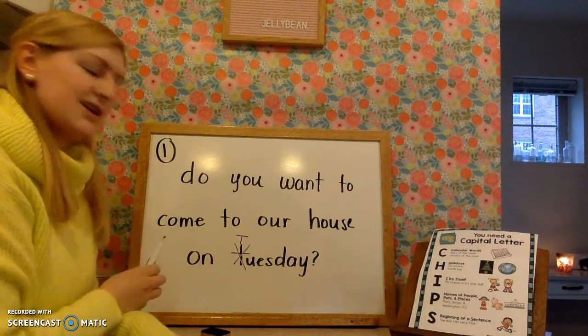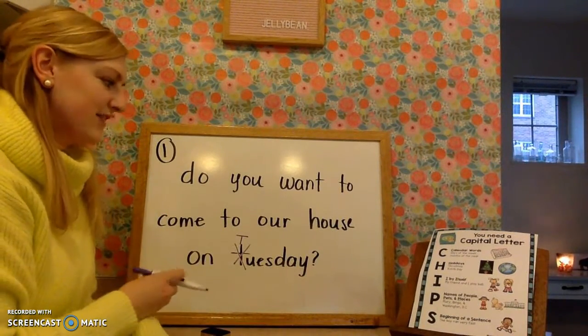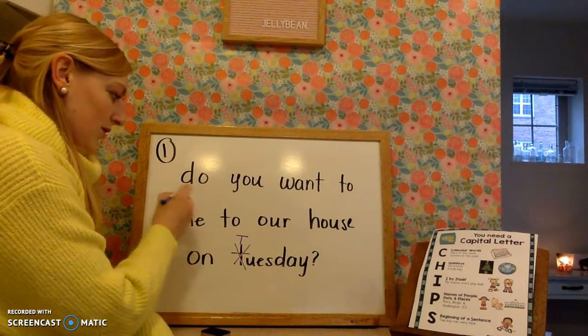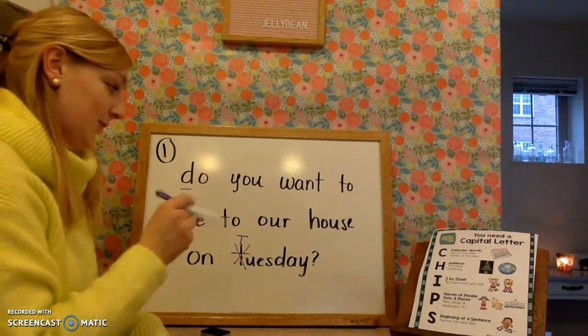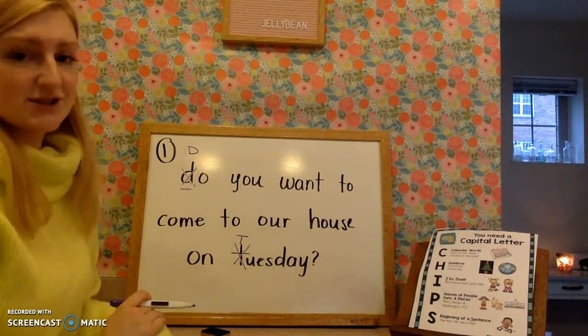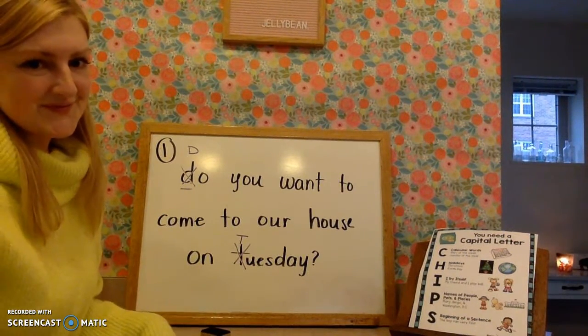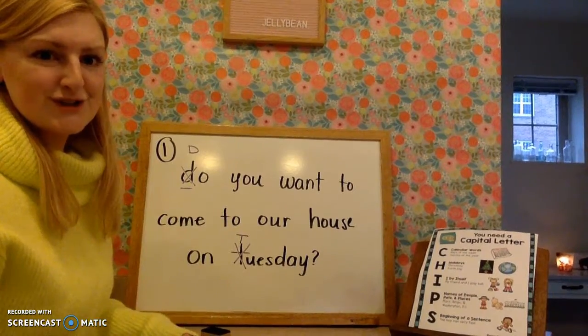No names. Let's check the last one, the beginning of the sentence. Whoa, look at that, the beginning of the sentence is not capitalized. So we're going to cross it out, and right above it, we're going to write a capital D. Nice job, boys and girls. Let's move on to number 2.